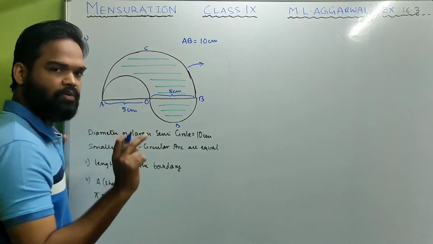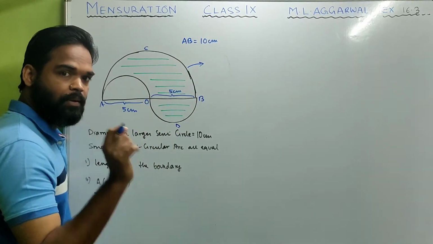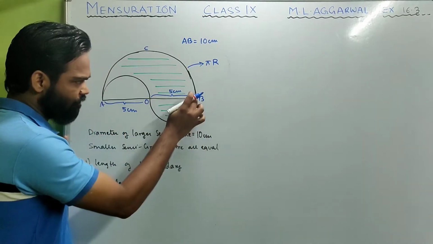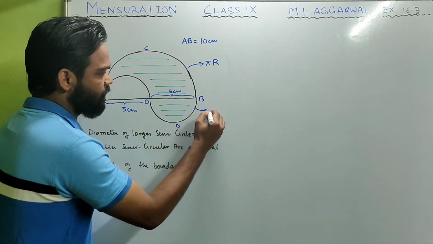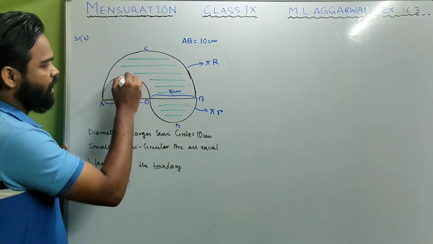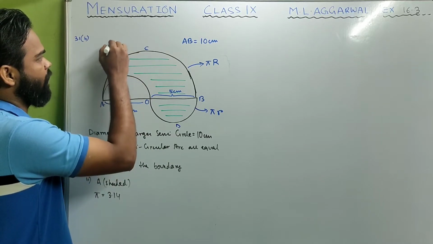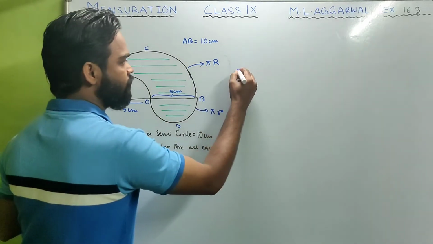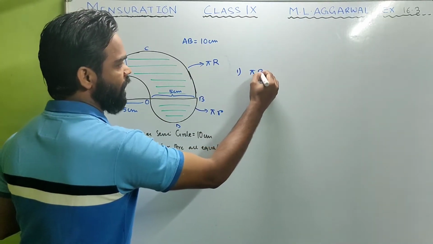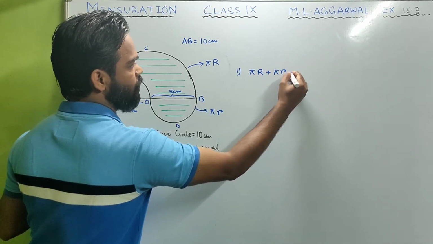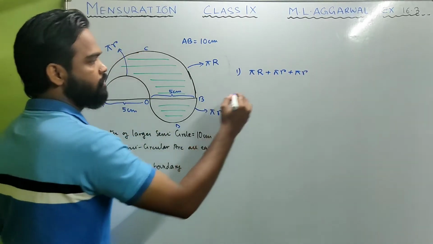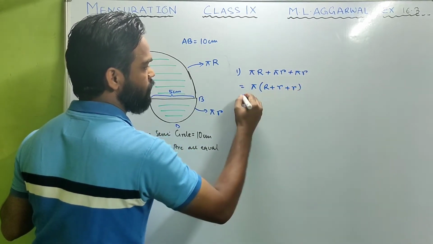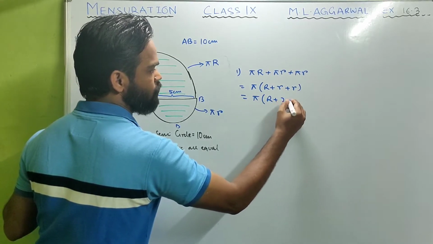So for the semicircular region, this part will be pi capital R. For this region similarly, it will be pi small r, and for this region also it will be pi small r. That will be the length of the boundary. So length of the boundary will be pi capital R plus pi small r plus pi small r. So this will be equal to pi taken common, R plus r plus r. That's pi (R plus 2r).